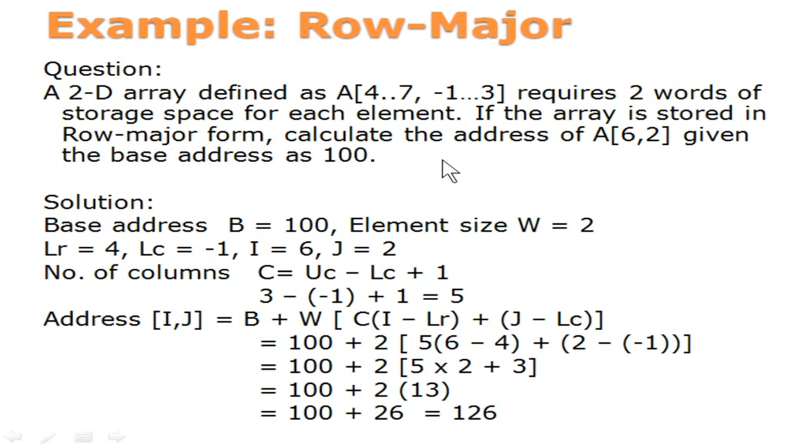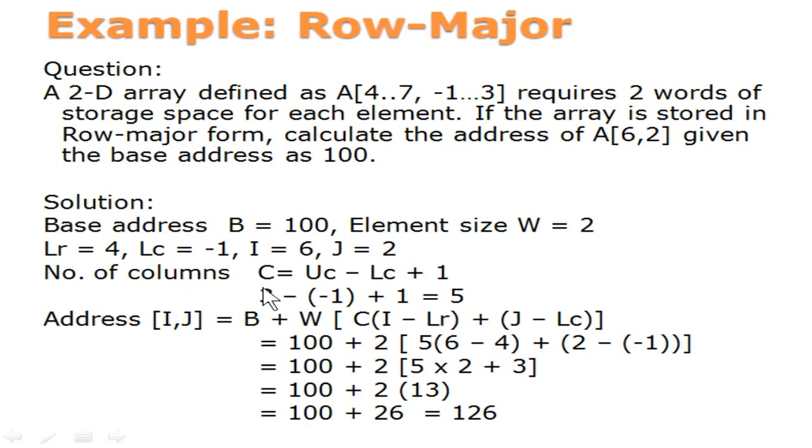Then LR is nothing but 4, the first row element, and LC is minus 1, you can see minus 1 here, so that is the lowest, the first column. And the I and J value is the element whose address you are going to calculate, so 6, 2 is the I and J value.